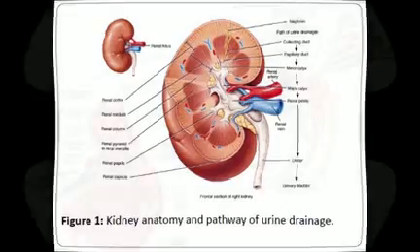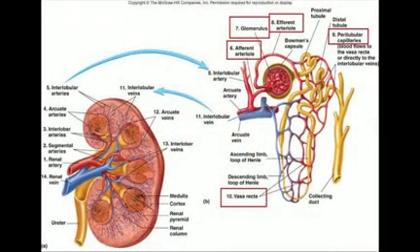Bowman's capsule is a funnel or cup-shaped structure which receives the glomerular capillaries. Then the second part of the Malpighian corpuscle is the glomerulus.